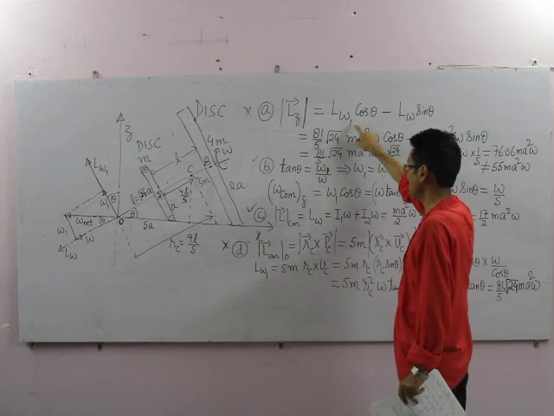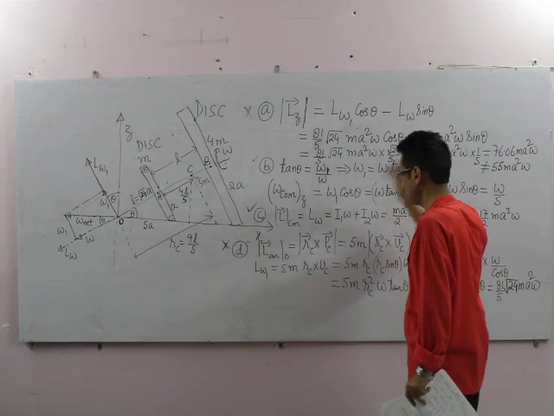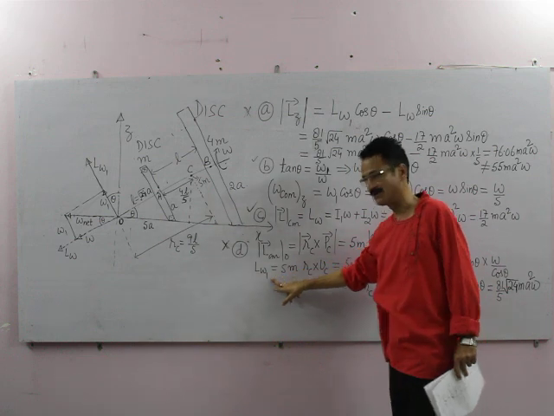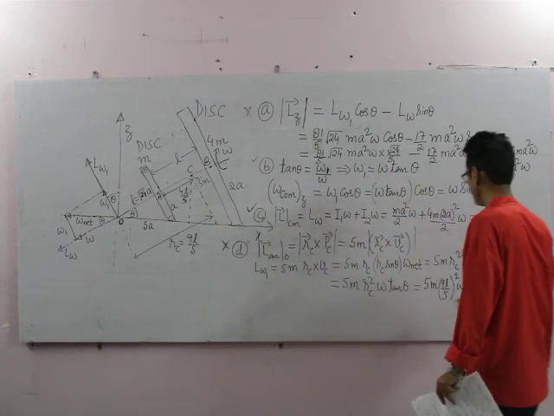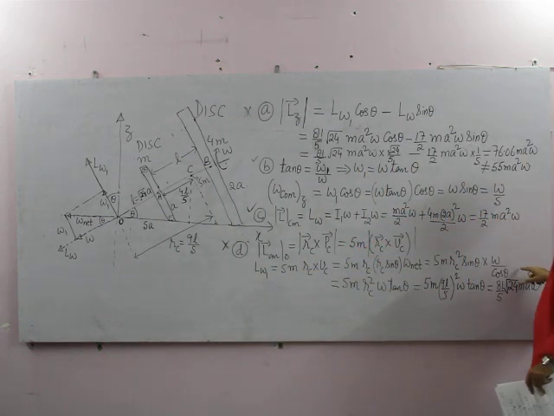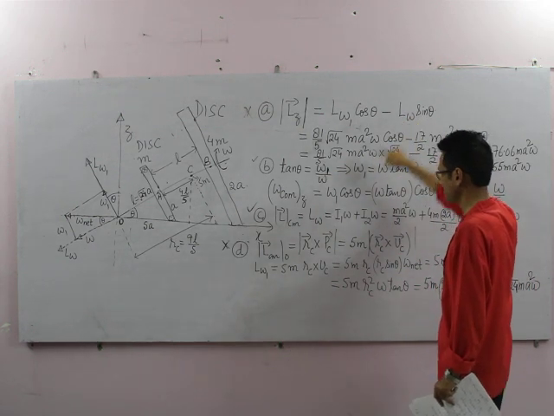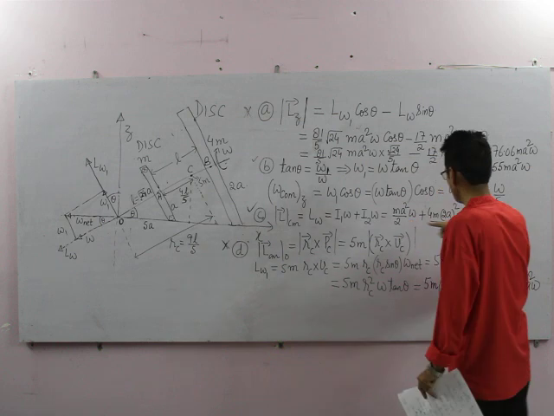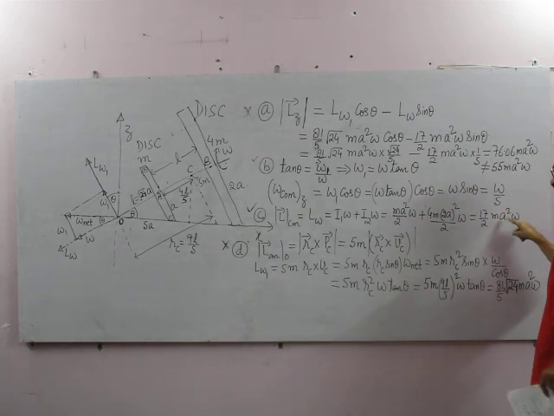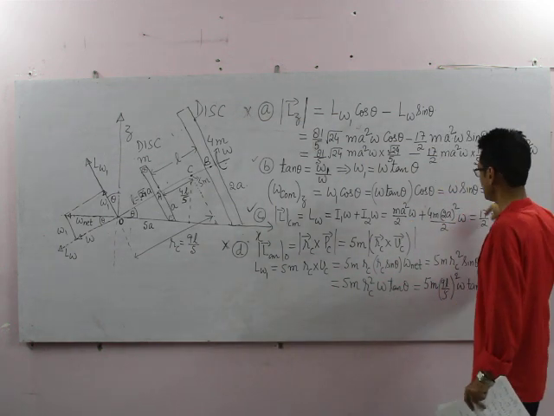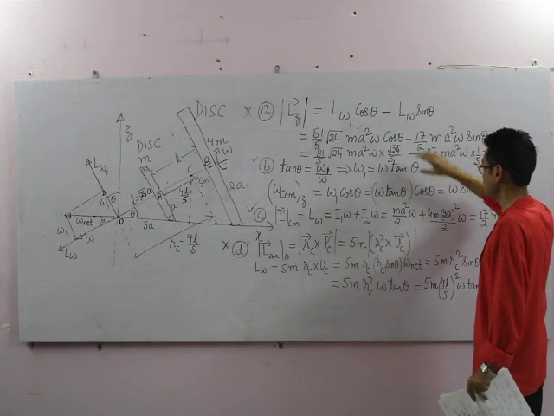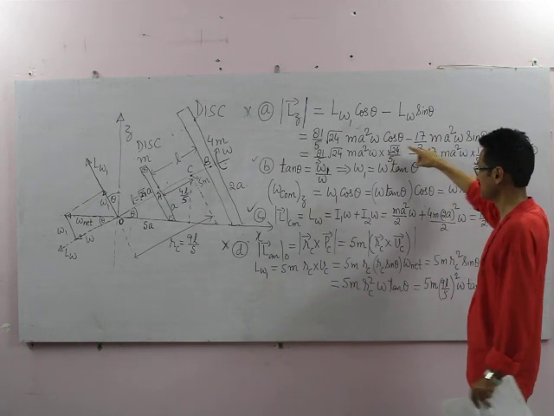Okay, now L omega 1, we have already calculated the value of L omega 1 here. Now we put this value here. We have also found L omega here, which is 17 by 2 ma square omega. So we put this value here, and then we get this expression.